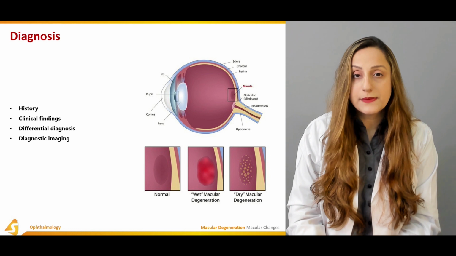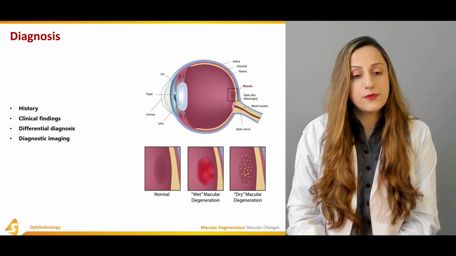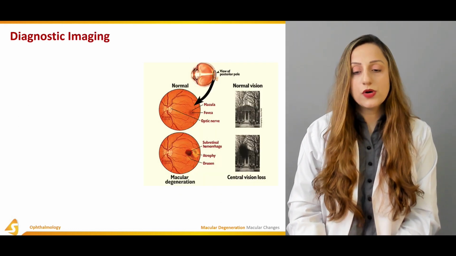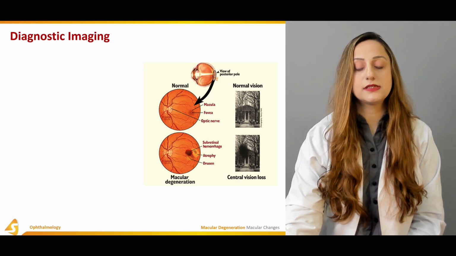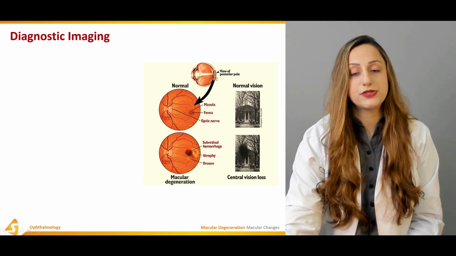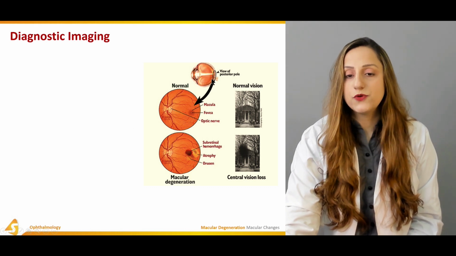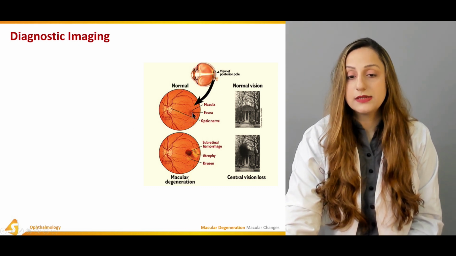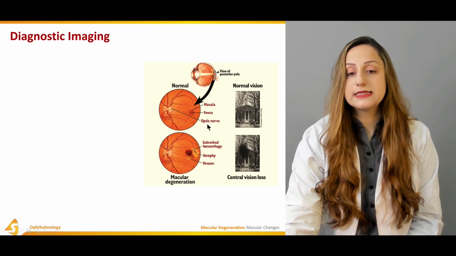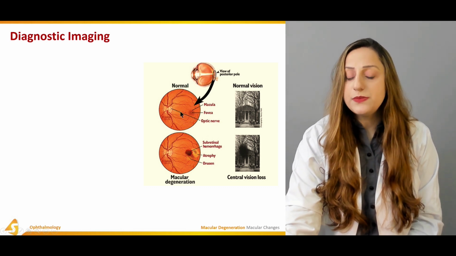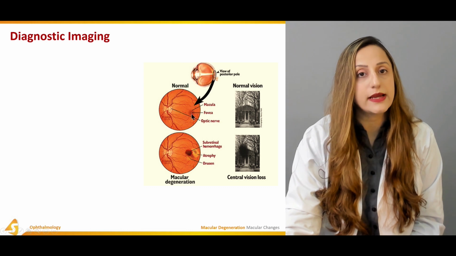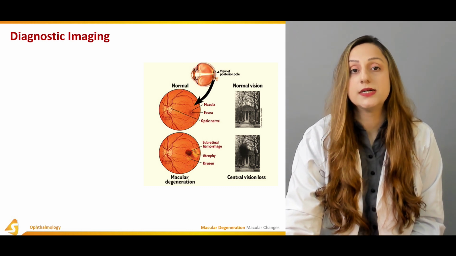The diagnostic imaging is very important over here. We're going to look at the different degenerative changes that are taking place. The view of the posterior pole that we have to focus on: this is the macula, this is the fovea, and this is the optic nerve. The most central portion of the macula is termed the fovea centralis.